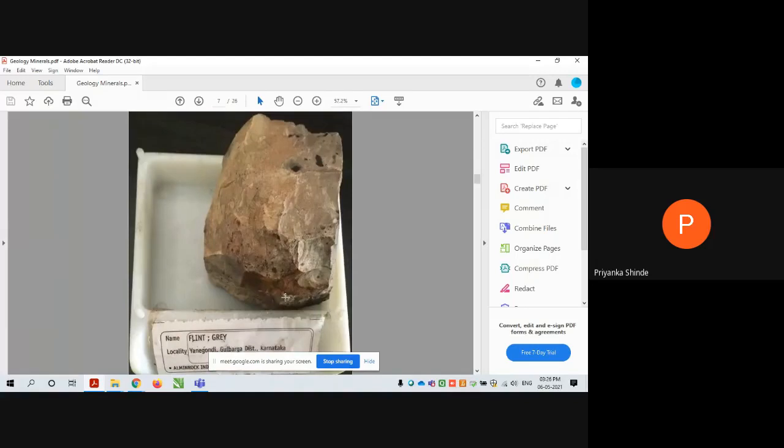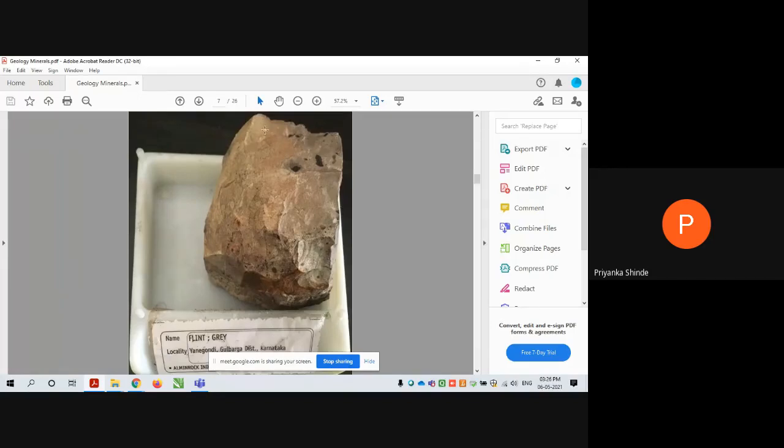Then this is one more whose name is flint. Flint is again a quartz variety which is very dull, light pink in color. One more special property, you can observe it has very sharp edges.